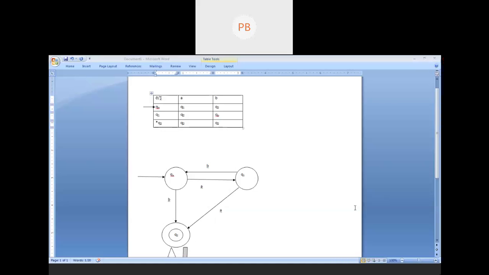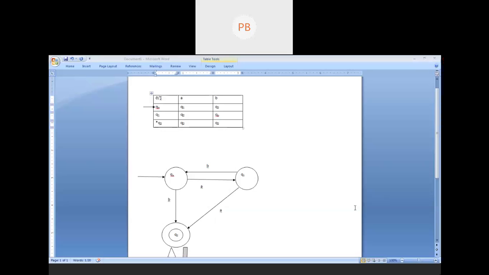Small q means an individual state within capital Q, which is a collection of states. Similarly, sigma is a collection of input symbols, and small a is a specific input symbol. So for each state q in Q and each input symbol a in sigma, let the transition function delta of q comma a equal p.